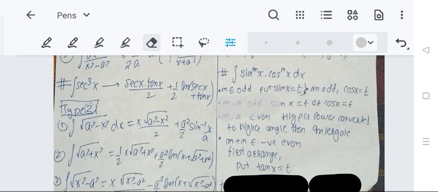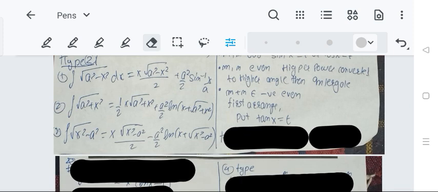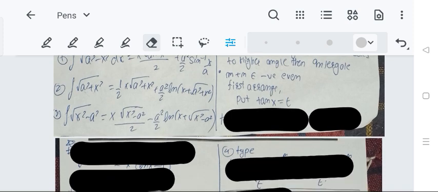If both m and n are odd, then put sin x equal to t or cos x equal to t. If both m and n are even, then convert the higher power to a higher angle, then integrate. And if m plus n is a negative even integer, then first arrange them and then put tan x equal to t.